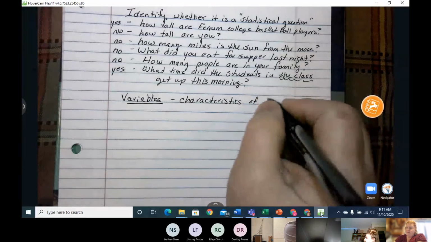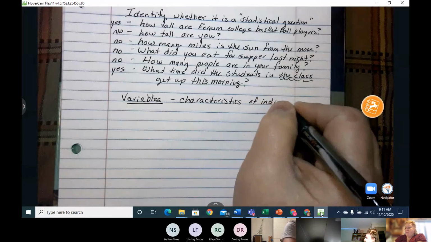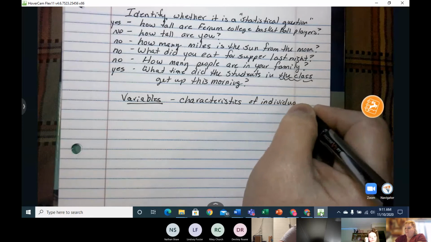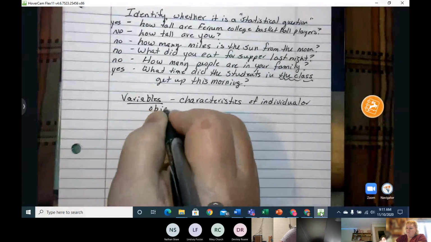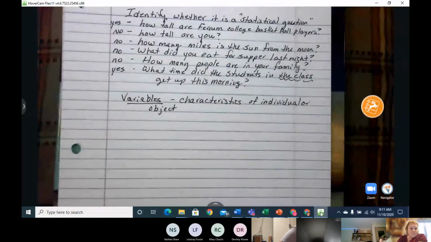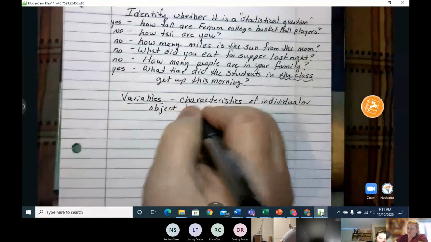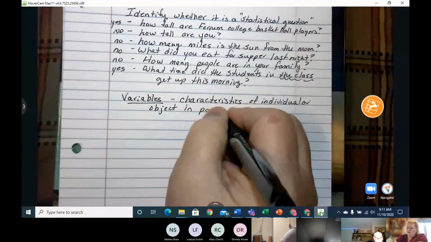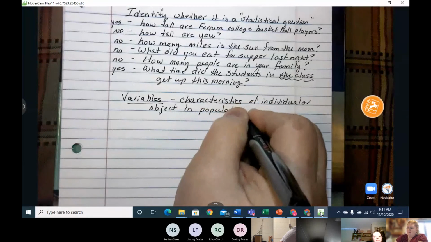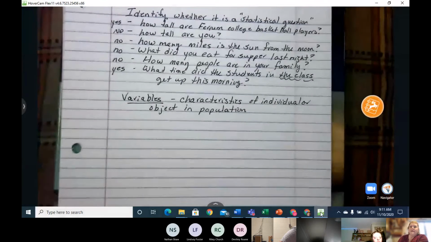Whether it's a characteristic of an individual or an object, that part really is not important. It is something that you are focusing on to collect your data.